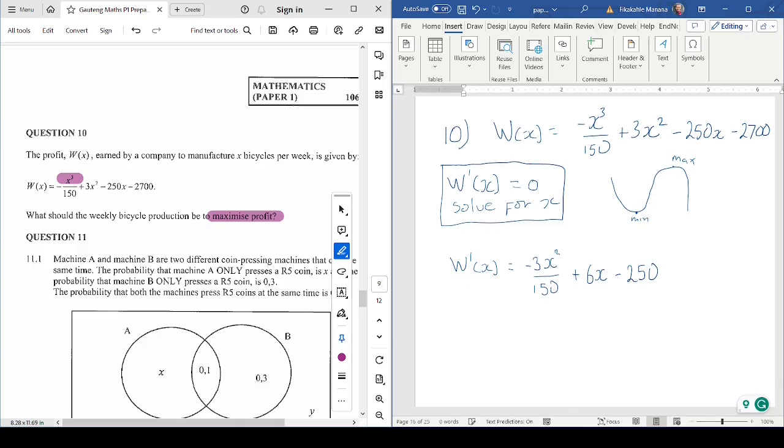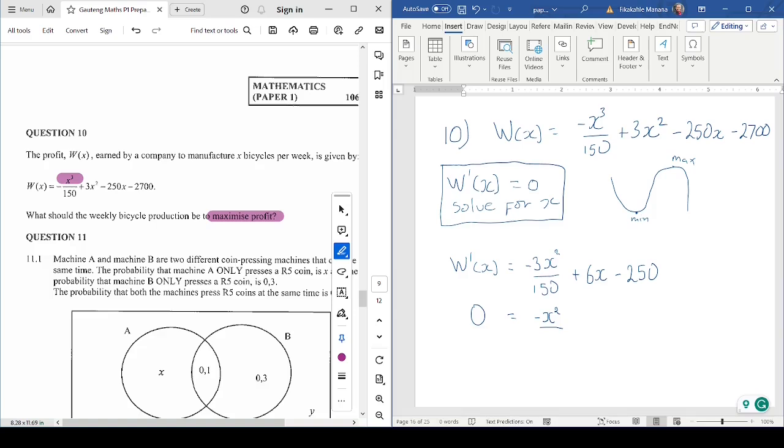Now remember what I said. I said we'll take this, equate it to 0, so I'll put 0 there, and just to simplify, it's gonna be minus x squared over, how many times does 3 go into 150?